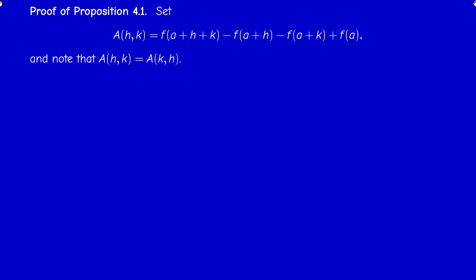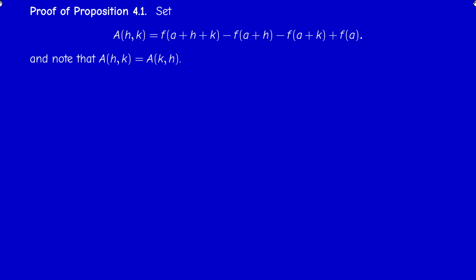The ideas and the techniques that we use here are really important in analysis. So introduce a new operator, a capital A of (h,k), and it's defined by f of a plus h plus k minus f of a plus h minus f of a plus k plus f of a, and you will see why I took this.